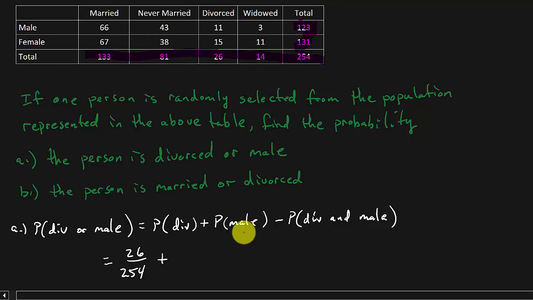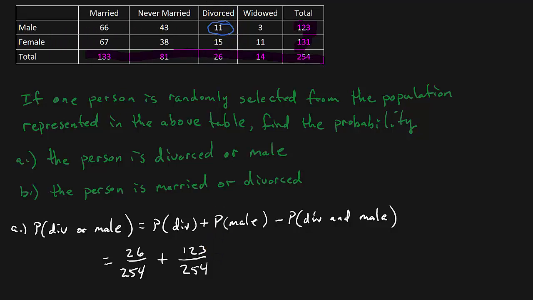And then we have plus the probability that they're a male. Well, there's 123 total males. See that on that row? 123 divided by the total possible, minus the probability divorced and male. Well, if you look at this, you see the divorced and male right here, where they intersect.